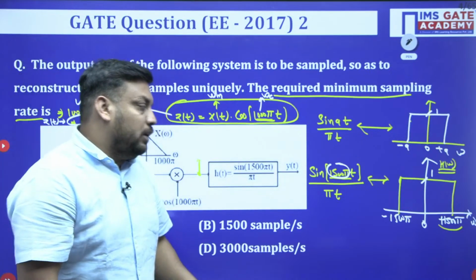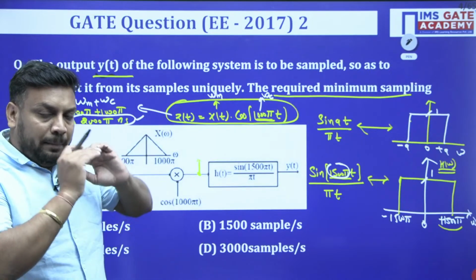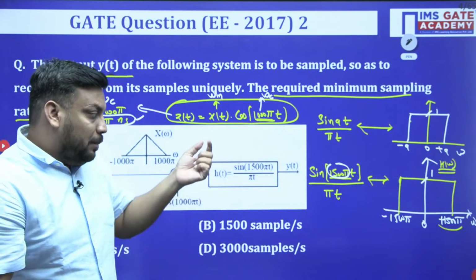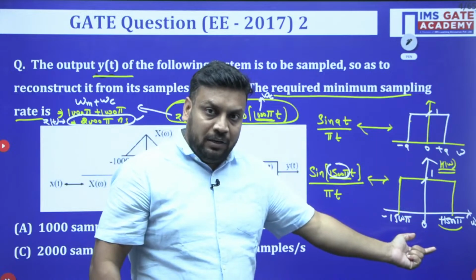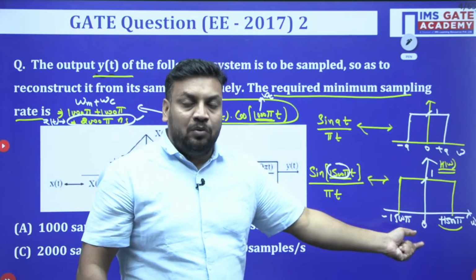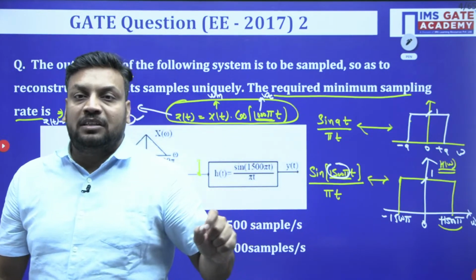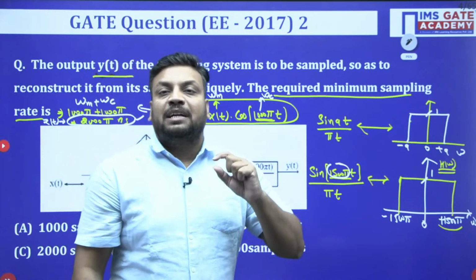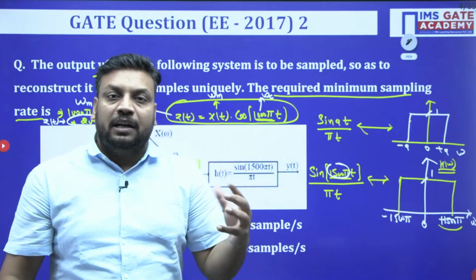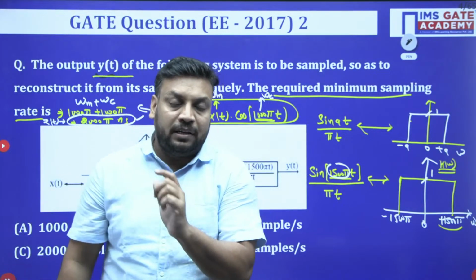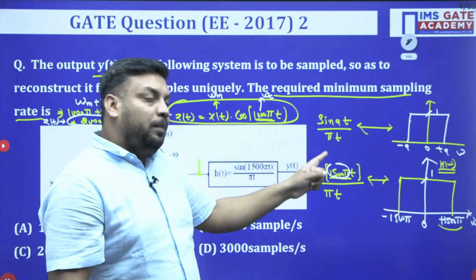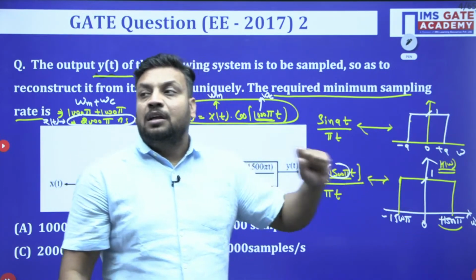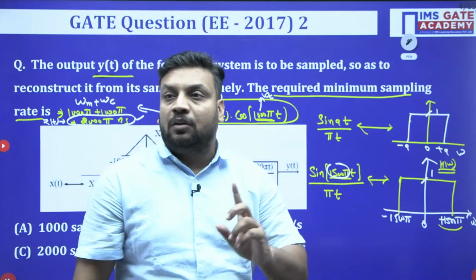Now tell me, student, from the input side the maximum frequency component is 2000 pi radian per second, but the low pass filter will only allow 1500 pi. So from the input side the maximum frequency is 2000 pi radian per second, but in the low pass filter, 1500 pi is the cutoff frequency.